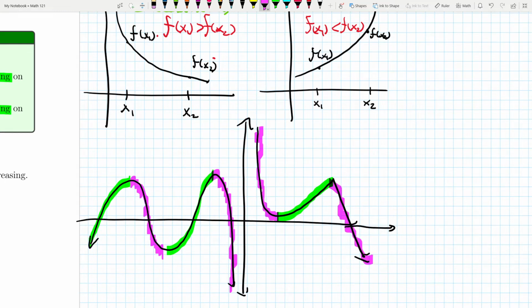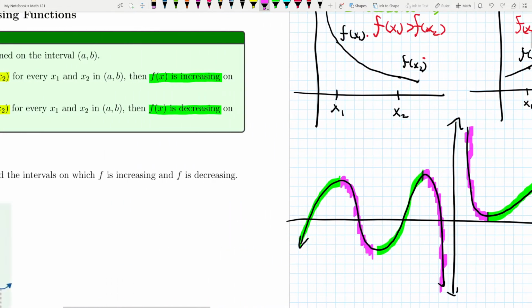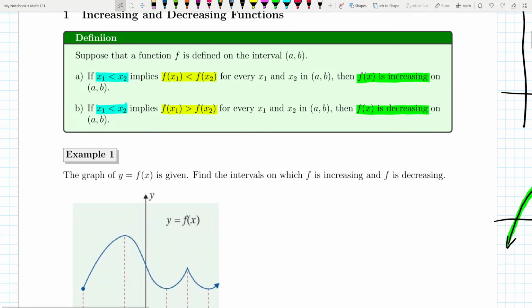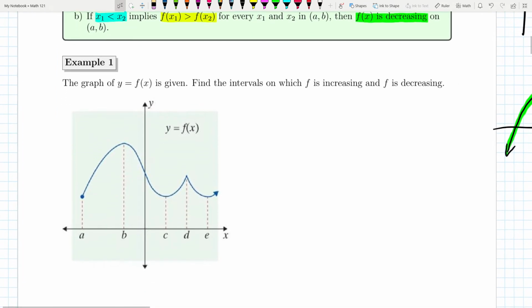So depending on the given function, we may observe its behavior more than once, on more than one of the given intervals.